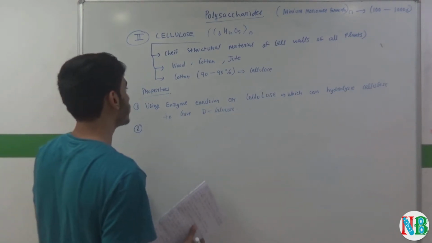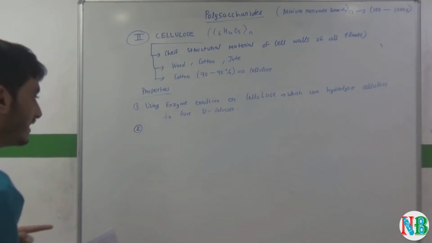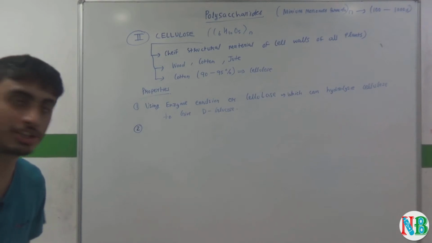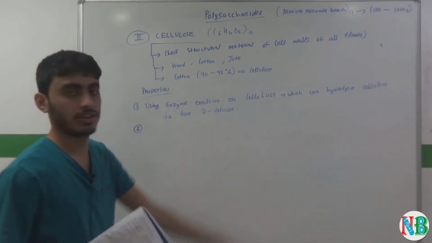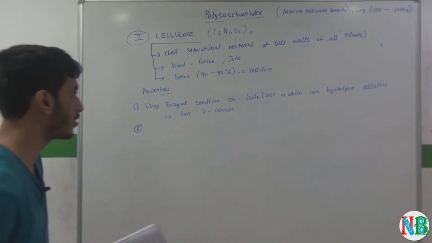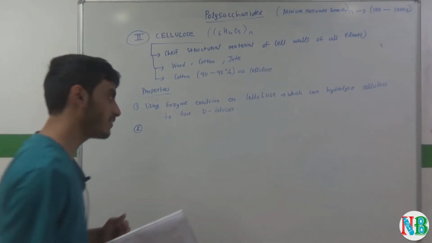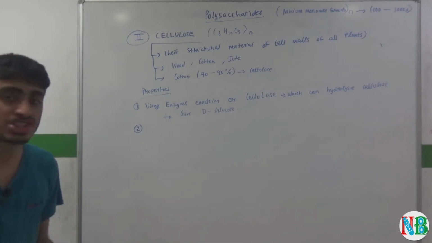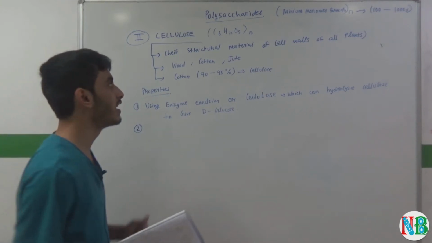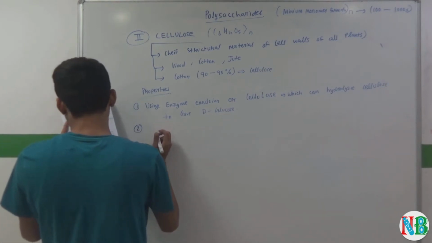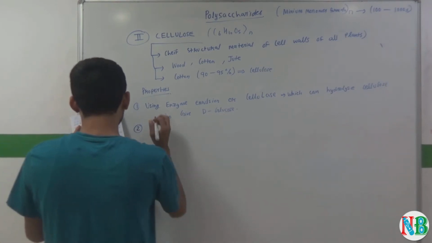In the case of cellulose, the structure is also formed by a linear combination of small molecules. But in starch we used alpha D glucose, whereas in cellulose we have to use beta D glucose.